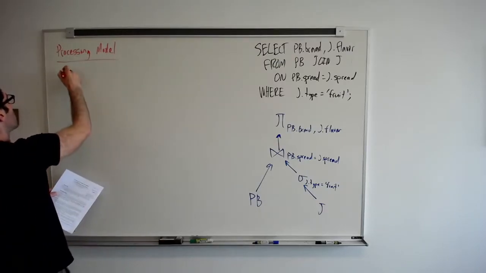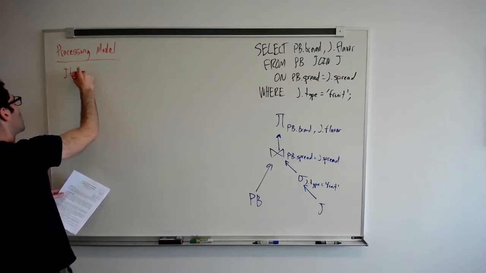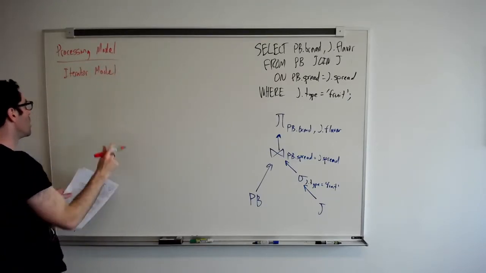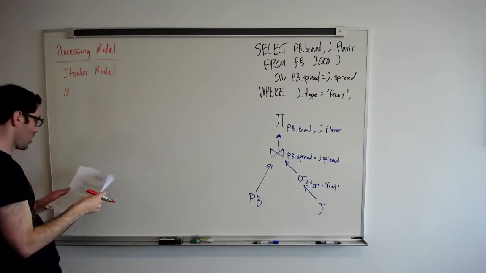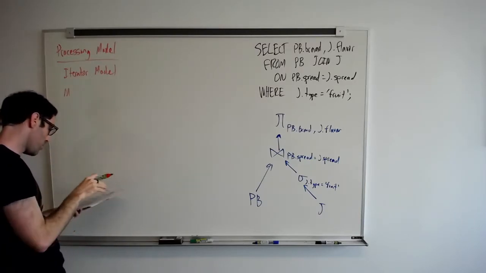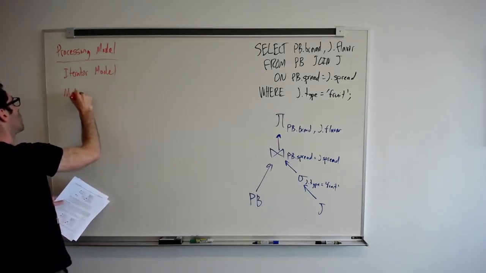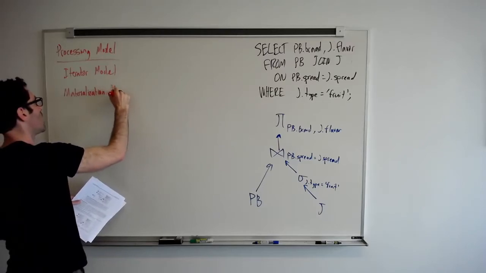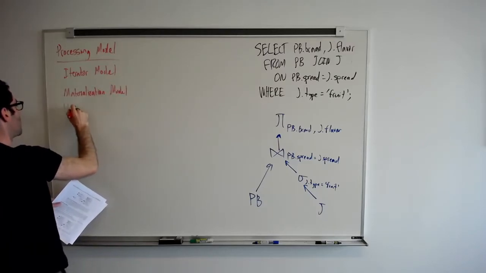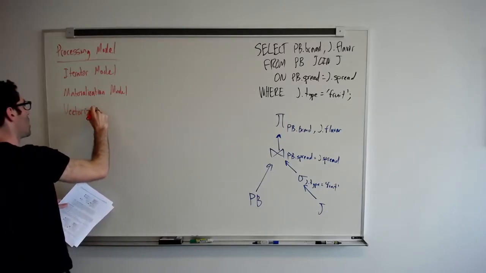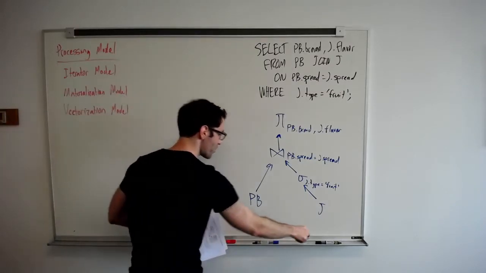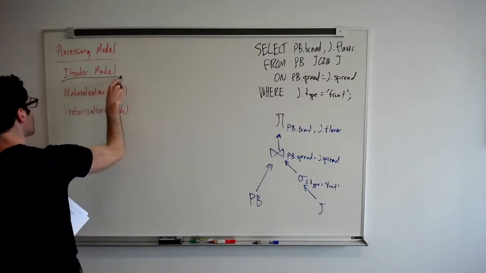The first is the Iterator Model. Then we'll talk about the Materialization Model. And last, the Vectorization Model.